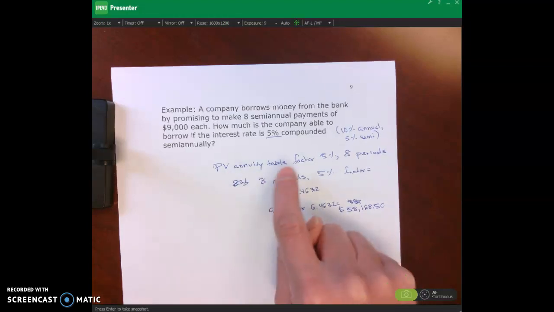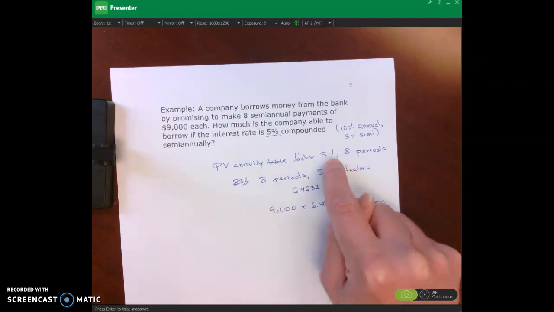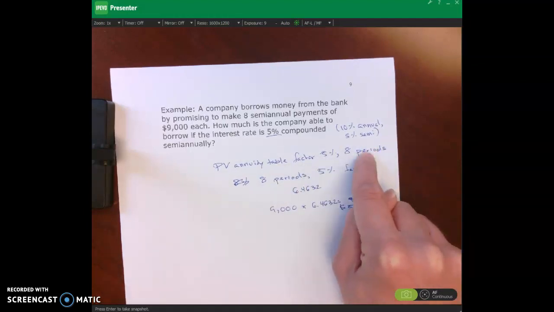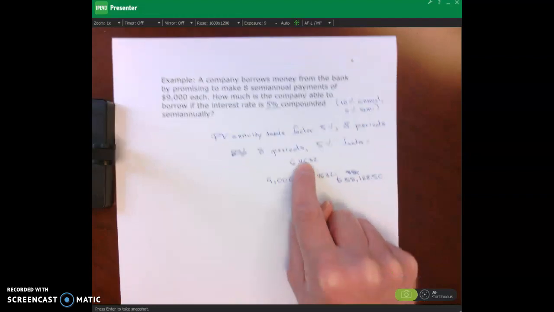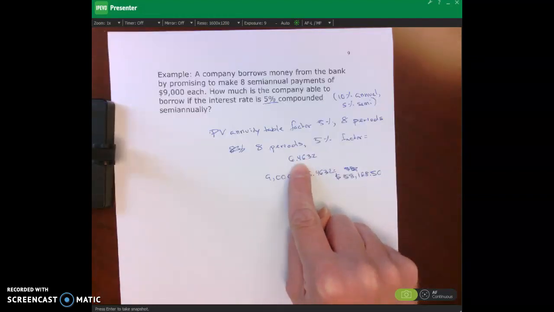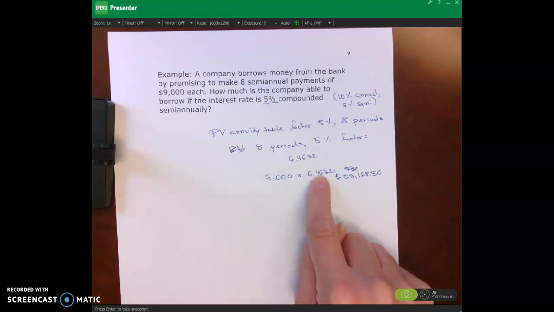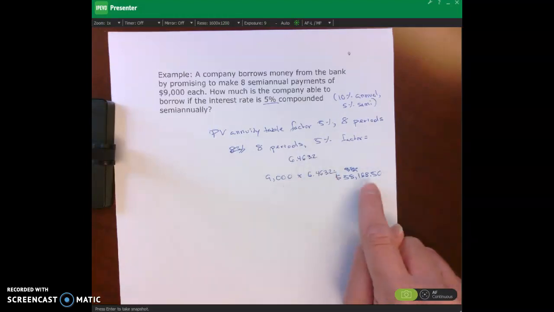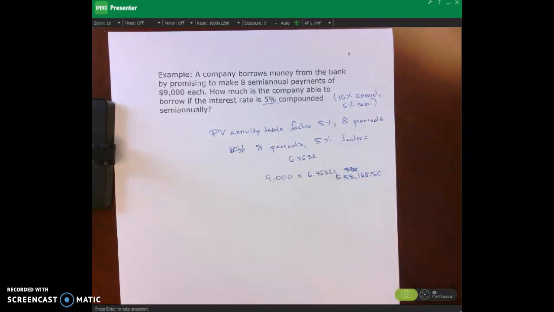My present value annuity table factor is 5%, 8 periods. That factor is 6.4632 when you look in the table. You then multiply that factor times the annuity amount, and that gives us how much they can borrow, 58,168.50.